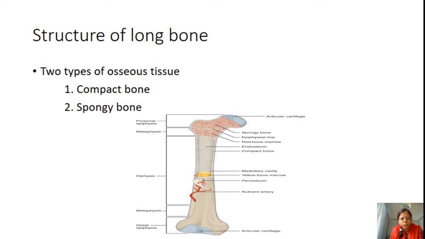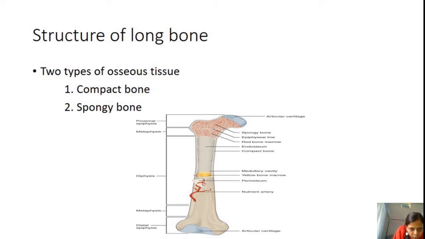Compact bone means it is dense and thick, and it is present in the shaft of the bone, whereas the spongy bone is porous, present on either end of the long bone.